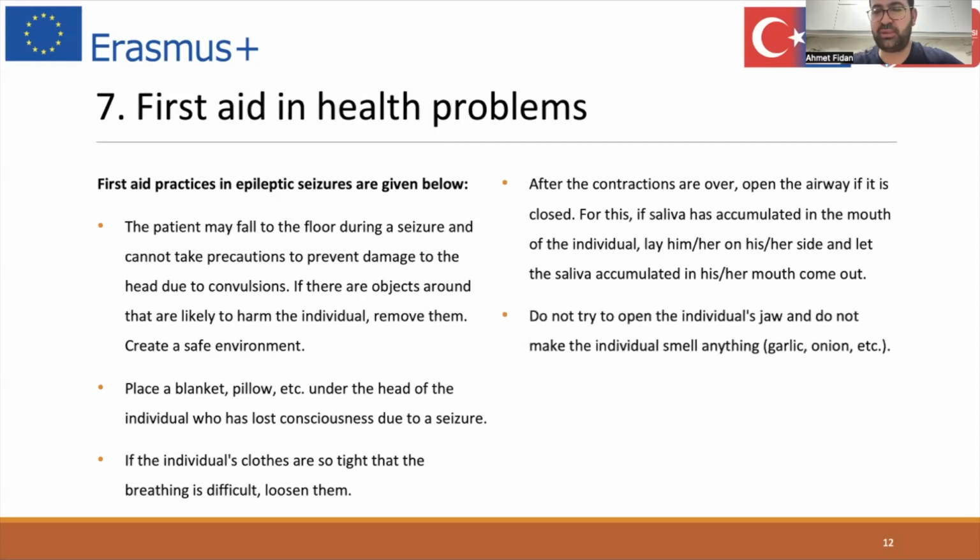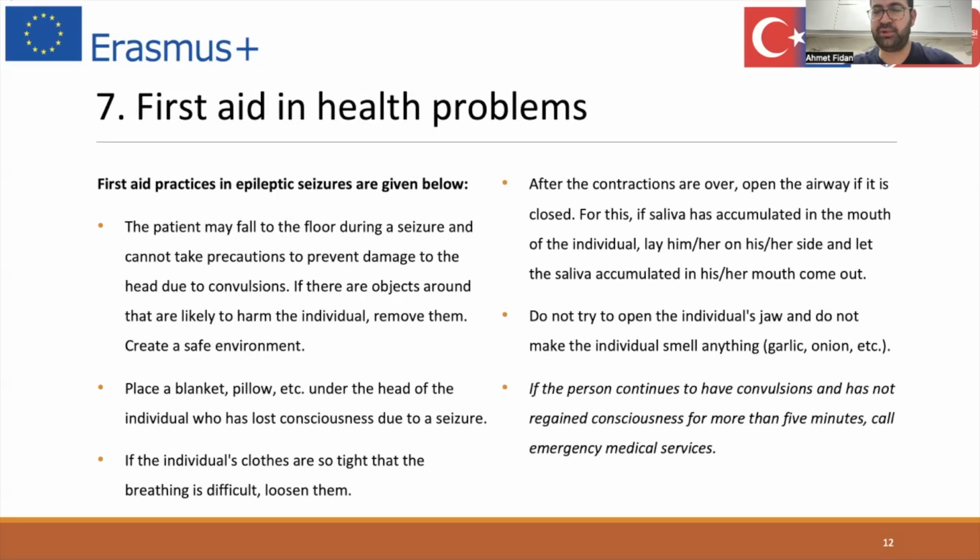Do not try to open the individual's jaw and don't make the individual smell anything. If the person continues to have convulsions and has not regained consciousness for more than 5 minutes, call emergency medical services.